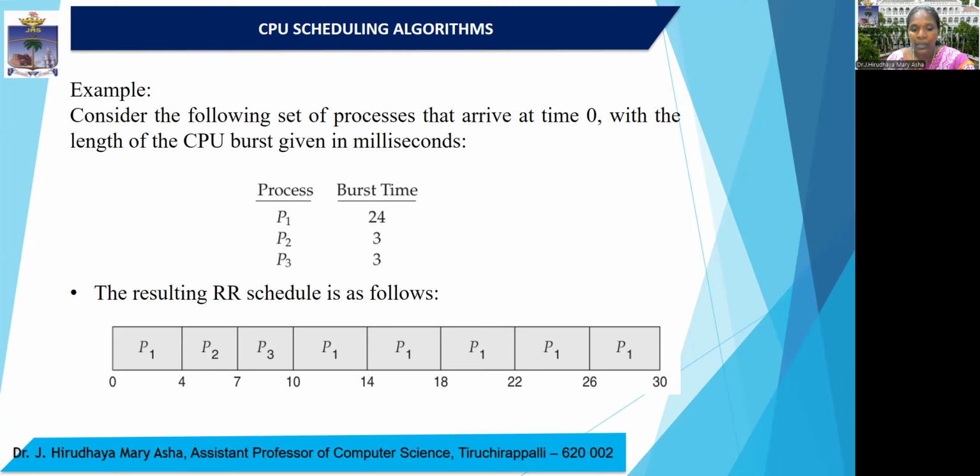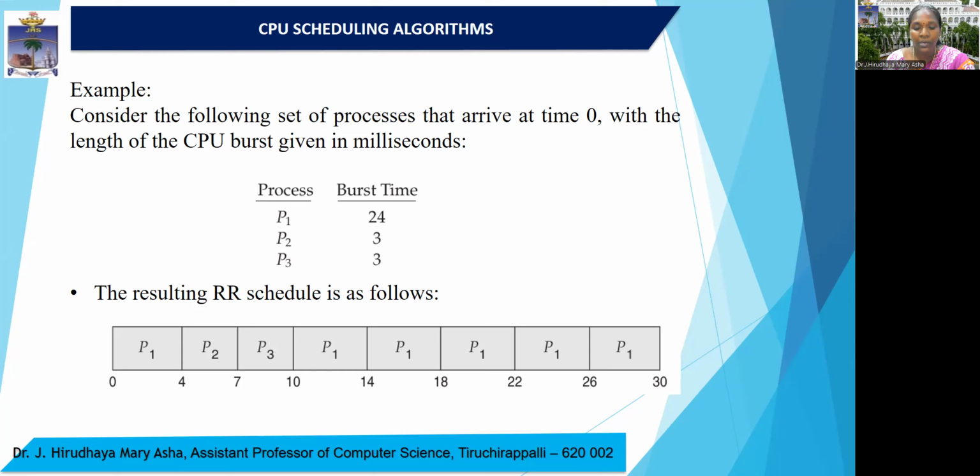And P3 now gets the CPU for its execution, because here also 4 milliseconds are allotted as a time quantum or time slice, but P3 requires only 3 milliseconds for execution.